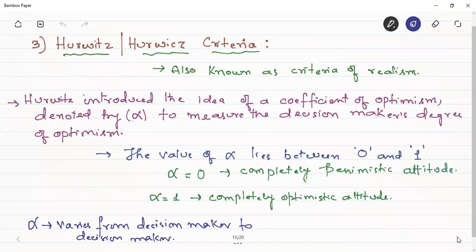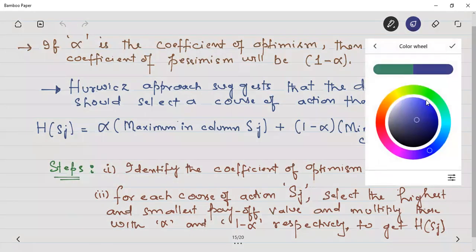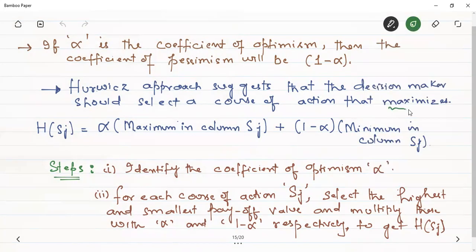Now if alpha is the coefficient of optimism, then there will be another coefficient, the coefficient of pessimism, which will be 1 minus alpha. So Hurwicz's approach suggests that the decision maker should select a course of action that maximizes this term h of Sj.